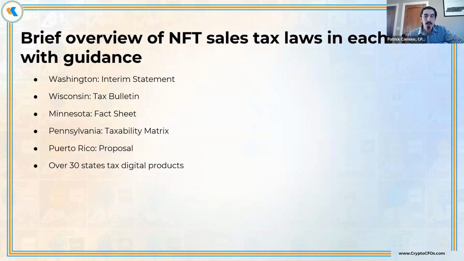And in both states, we also see them taking this look-through approach, where you're going to look at what the underlying NFT represents, as I previously outlined, and then each state has outlined certain examples where this can be taxable. So, for instance, in Wisconsin, if the NFT entitles a purchaser to download music or movies, the sale is taxable as a specified digital good. If it entitles the purchaser to an admission to a sporting event, the NFT is a taxable admission.